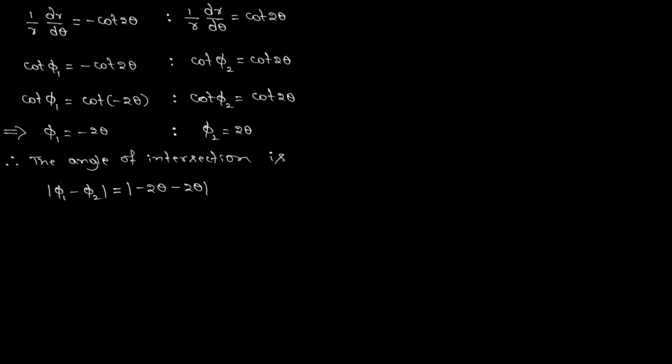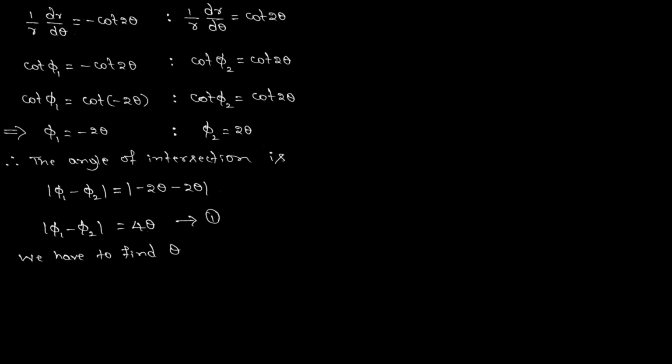So in the place of phi 1 we have put minus 2 theta as we have here, then this minus as it is, and in the place of phi 2 we write 2 theta. Minus 2 theta minus 2 theta is minus 4 theta. If you apply the modulus on that minus 4 theta, we get 4 theta. That is the definition of absolute value. Call it equation number 1.